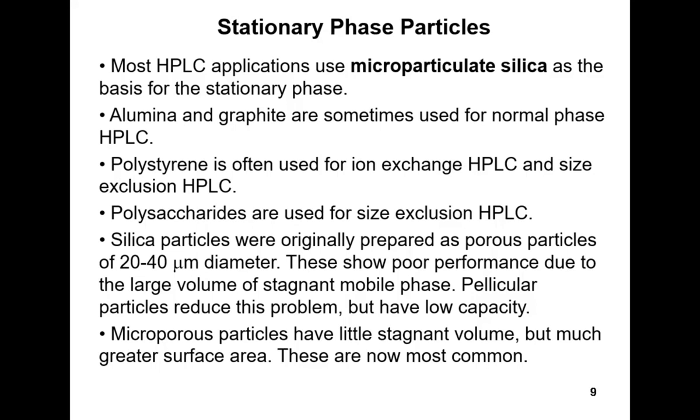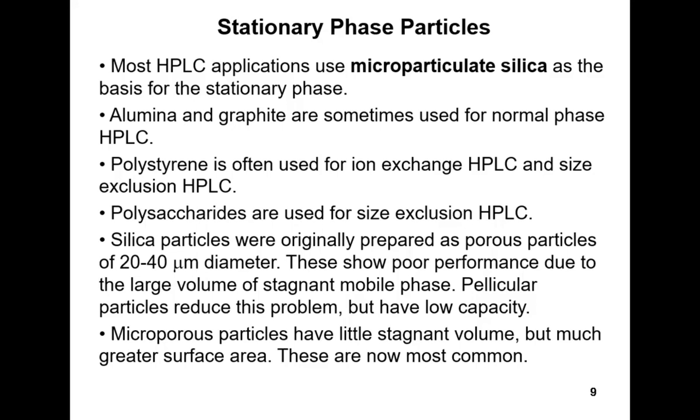And it's referred to as microparticulate silica because it's particles that are just a few microns in diameter. So mostly silica, sometimes alumina, rarely I think graphite maybe, for normal phase chromatography. For bonded phase, it would be chemically modified silica. We'll come back to that later on.